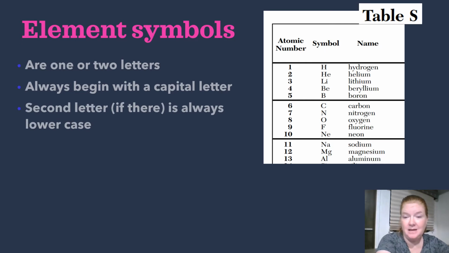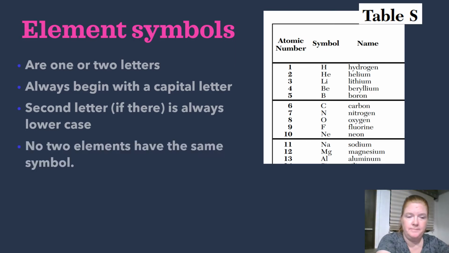The second letter, if it's there, is always lowercase. So if you write HE as capital H, capital E for helium, wrong. No two elements have the same symbol. It's unique to an element. So you can tell which element is in the formula by looking at the symbol.